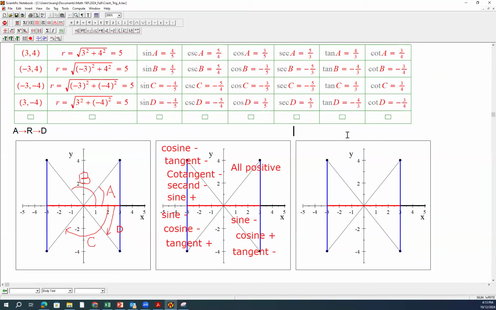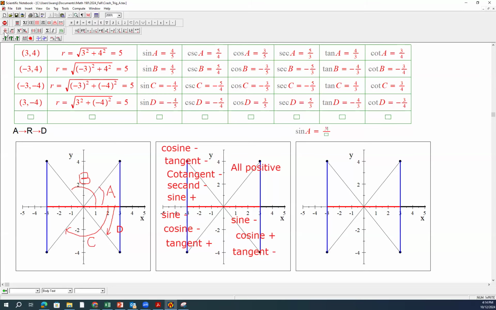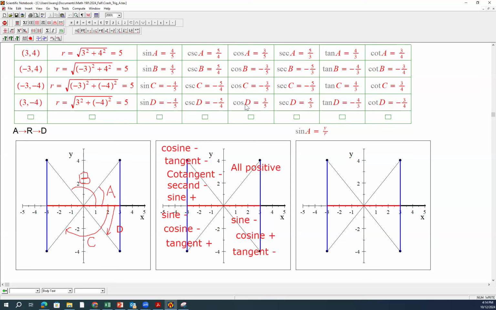All right. So now, from the definition of sine, sine of any angle is y over r. We know that r is always positive, right?